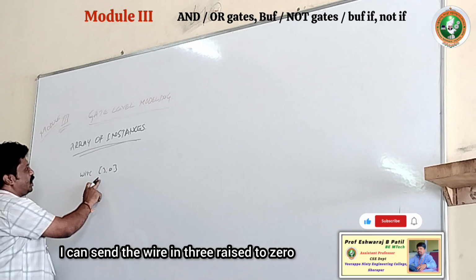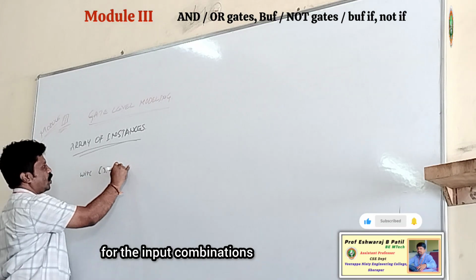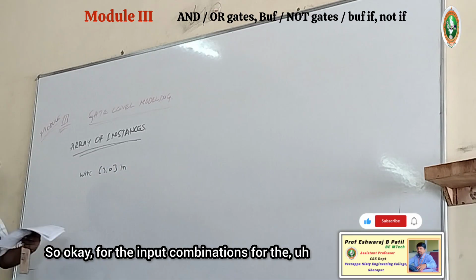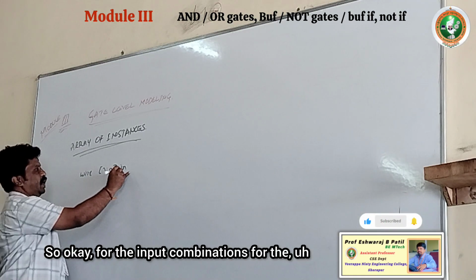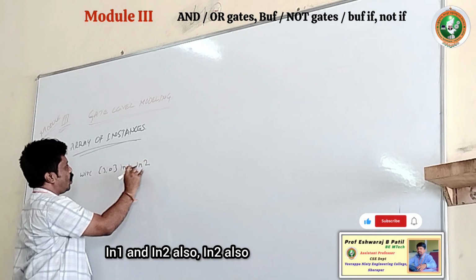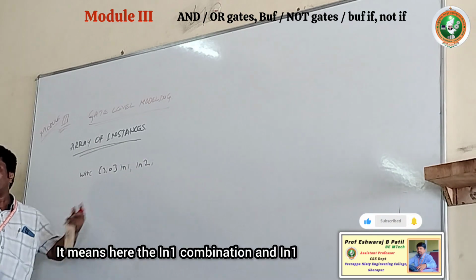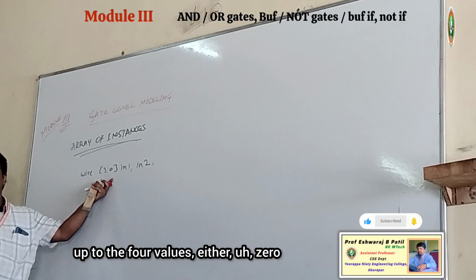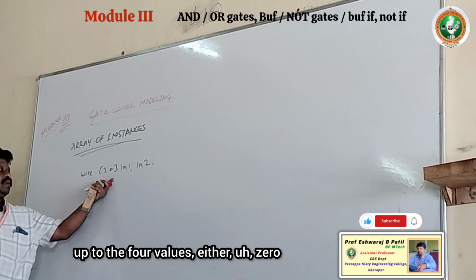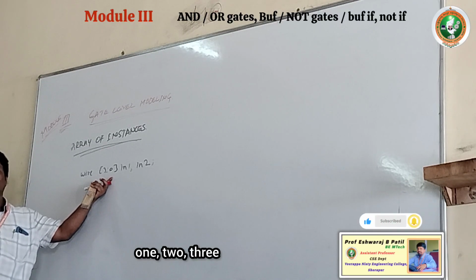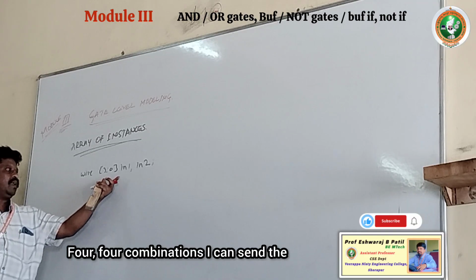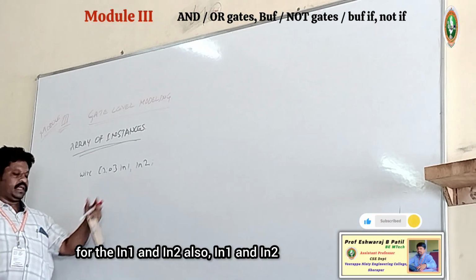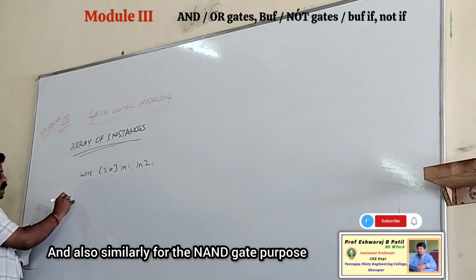I can declare the wire as [3:0] for the input combinations in1 and in2. It means the in1 and in2 have input combinations up to 4 values, either 0, 1, 2, 3. I can send 4 combinations for in1 and in2. And similarly for the NAND gate purpose.